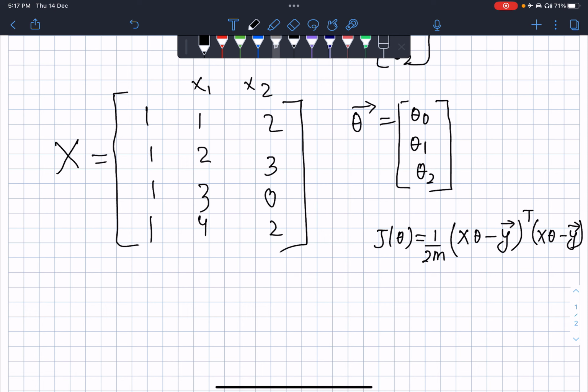First we need to assign our theta, because if we don't have theta values, how would we multiply all these things?